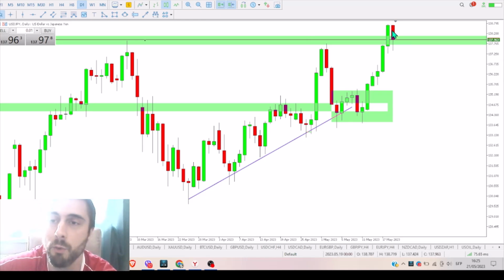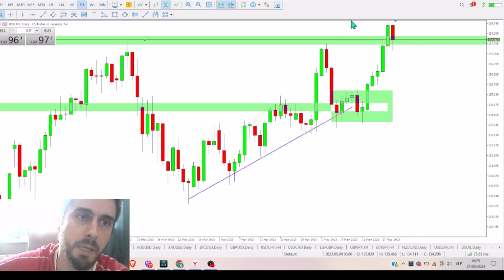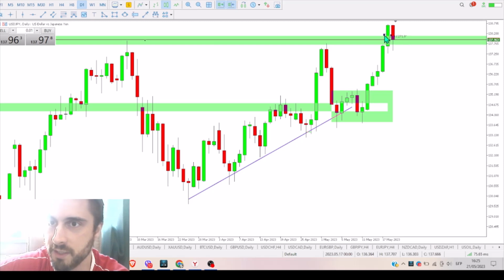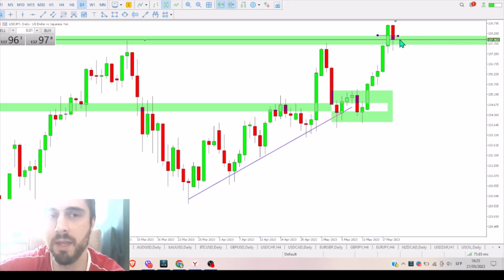So we have this pattern where the red candle is closing below the 50% of the previous green candle. So here is the 50%, and we have closed way below that.